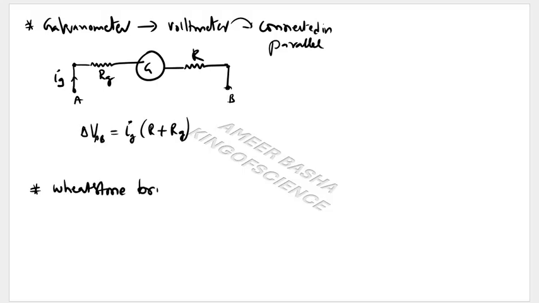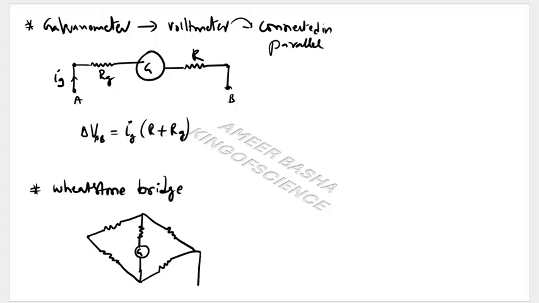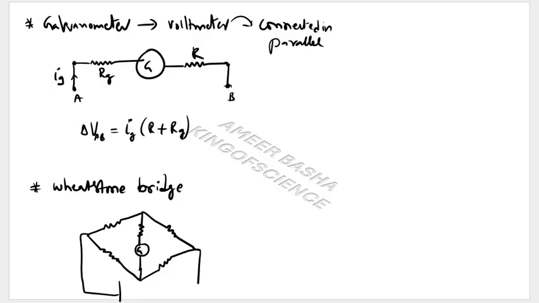A Wheatstone bridge generally consists of 5 resistors, and sometimes a galvanometer can be kept here. Let us take this as R1, this as R2, this as R3, this as R4, and this as R5, or otherwise RG, the resistance of the galvanometer.